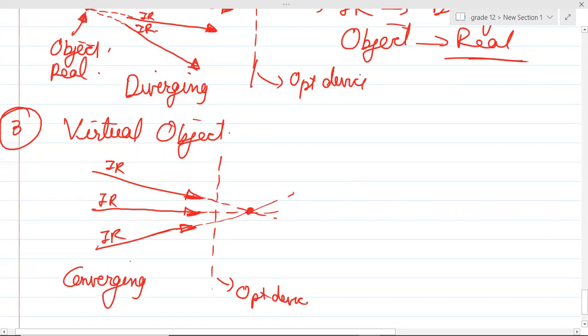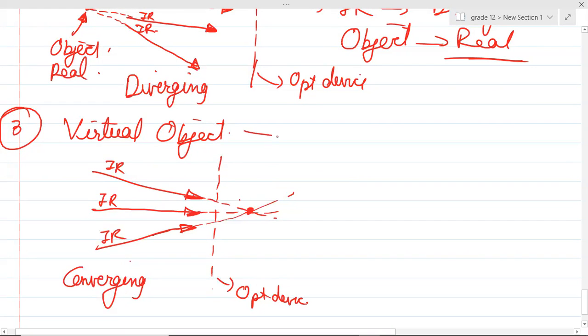So actually these rays are not meeting. Why exactly are they not meeting? Because this optical device will change their way, right? This optical device, whether it is reflection or refraction, will it change the direction? Yes, it will change the direction. If it changes the direction, will they actually meet at this point? Never, right?